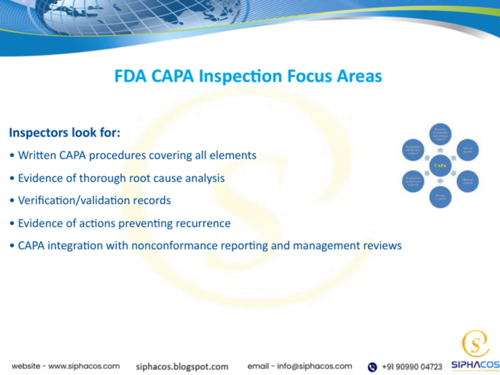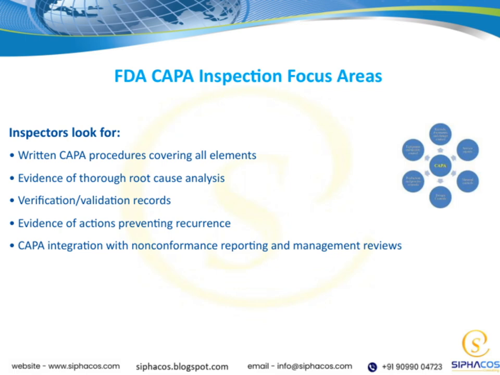Verification and validation records are another key area. These records demonstrate that your corrective actions are effective and that your processes are working as intended. Additionally, inspectors will review evidence showing that your actions have been designed to prevent recurrence of the issue. This is crucial for continuous improvement and compliance.